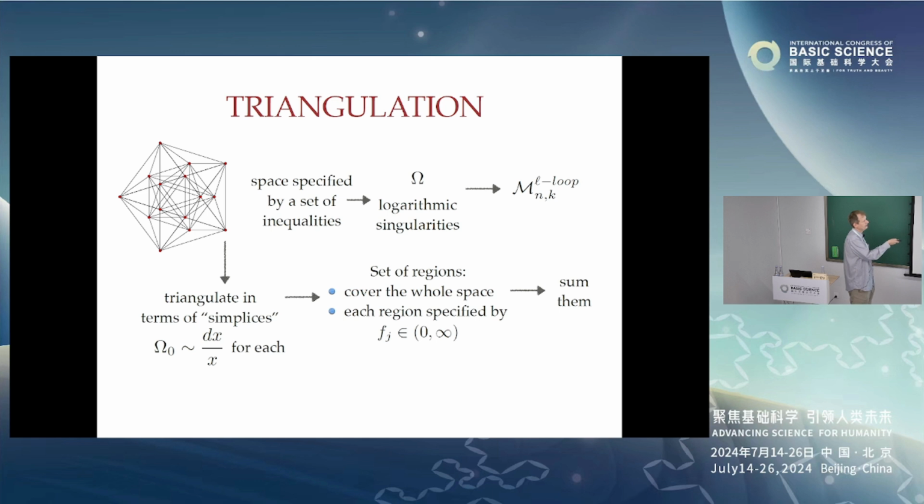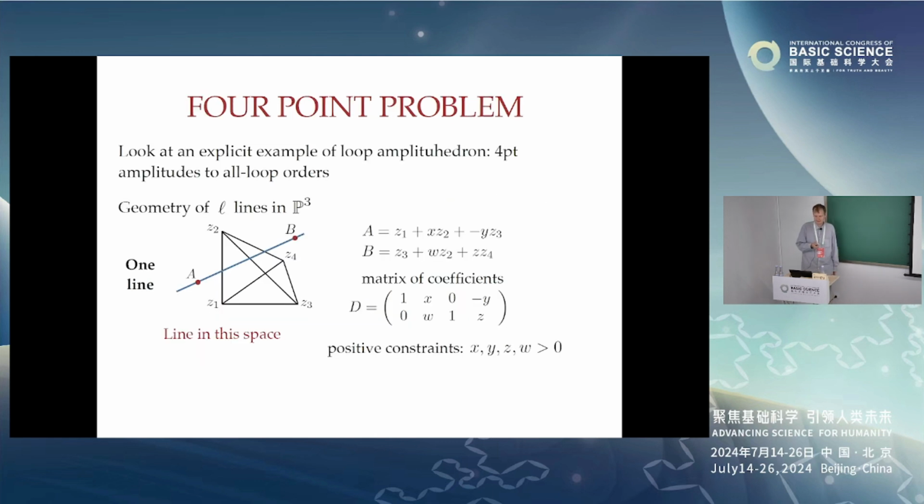But the triangulation itself means that we have to divide this region into a set of non-overlapping regions where the variables that cover these small regions just run from 0 to infinity, because then we can write trivially the form, and then we have to sum them. So of course the setup is clear, but how to do it for these geometries is difficult.